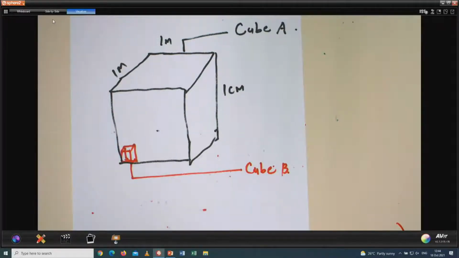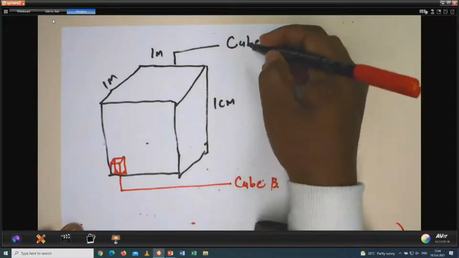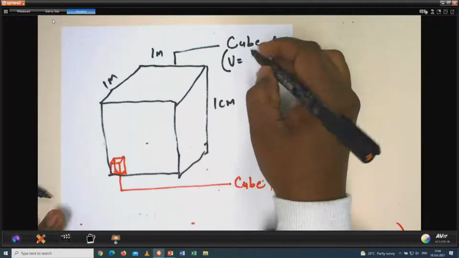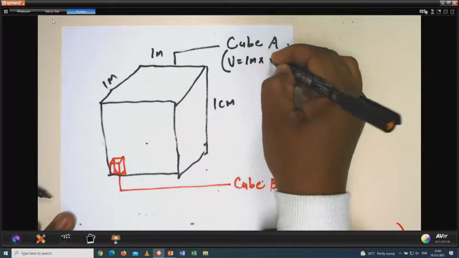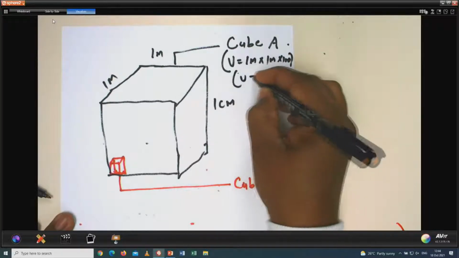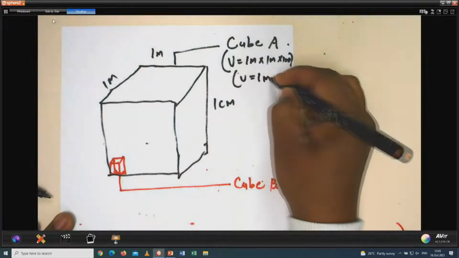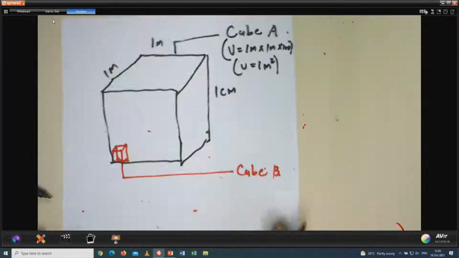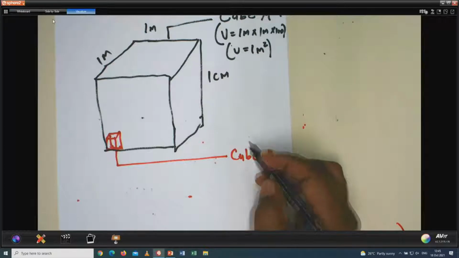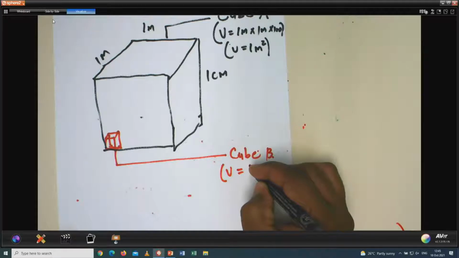Now, the question is, how many of these little cubes? The volume of A, I think you'll agree with me, will be 1 meter times 1 meter times 1 meter. So the volume of cube A, the big black one, will be 1 cubic meter. Now let's look at the volume of the small one, cube B. The formula is V equals length times length times length.